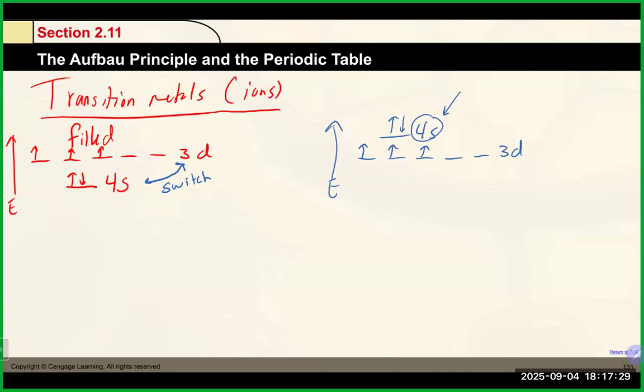Could be the 5s and so forth, but the 4s in this example. And then, if necessary, they can delve into the d orbitals. That doesn't happen with representative elements outside of the transition metal region. Just the transition metals typically do that.